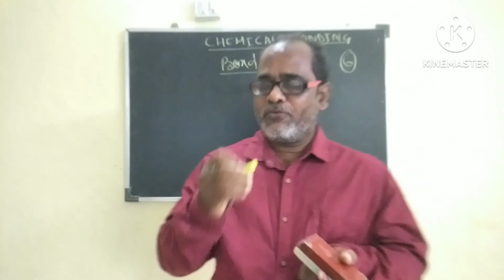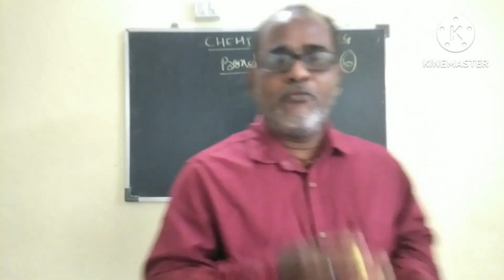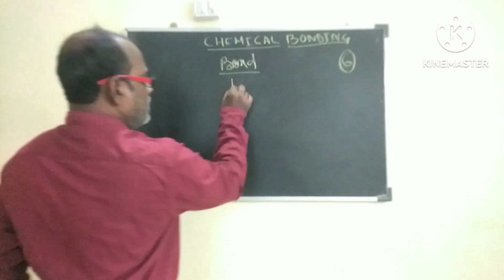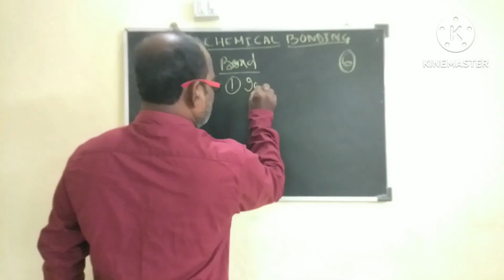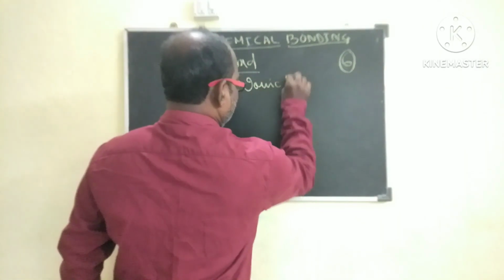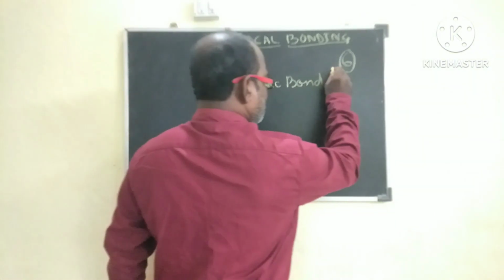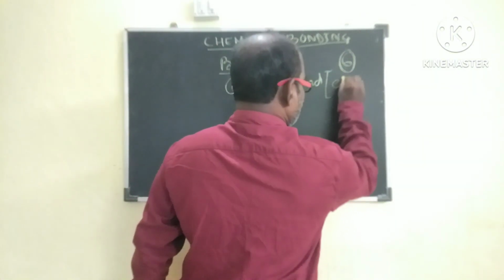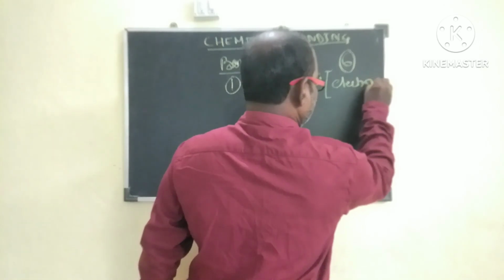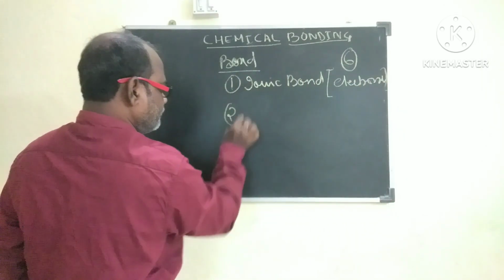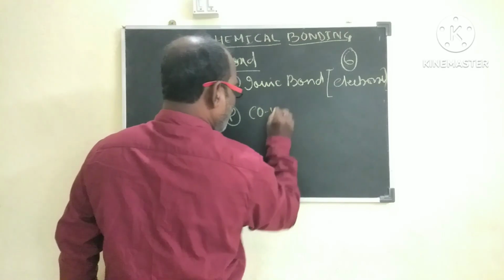According to the terms of forming the bond, we have three types of bond in your syllabus. The very first bond is ionic bond, which is also called electrovalent bond. Number two, covalent bond.